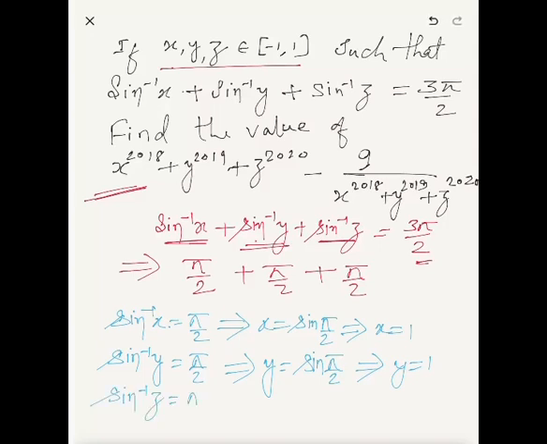Sine inverse z is also equal to pi by 2. From here you will get z equals to sine pi by 2, which will give you z equals to 1. Sine 90 is 1, isn't it? So from here you got all three 1, x equals to 1, y equals to 1, z equals to 1, isn't it? So what will be the value of this expression?